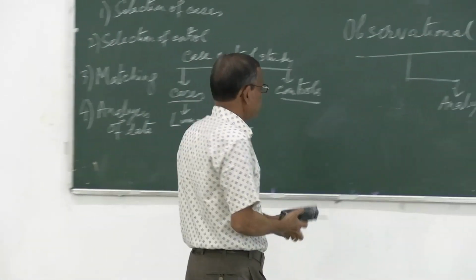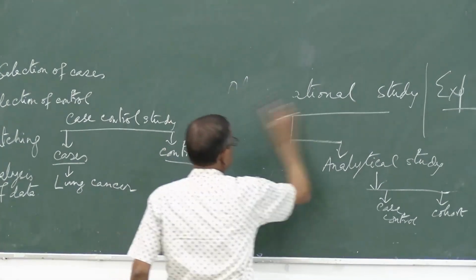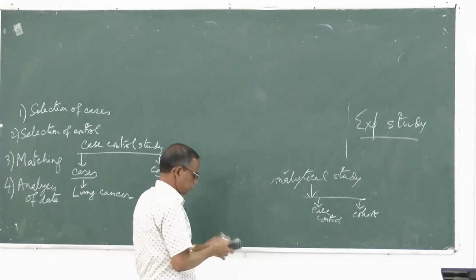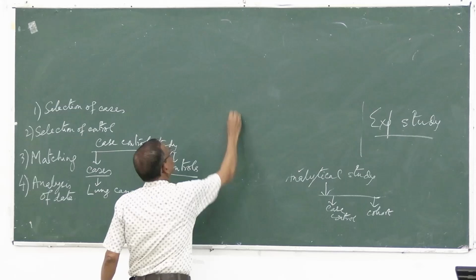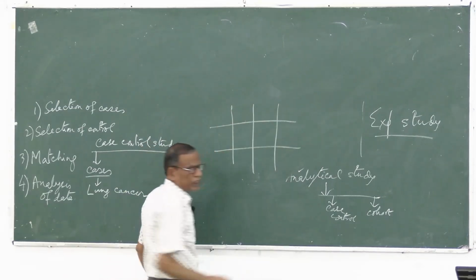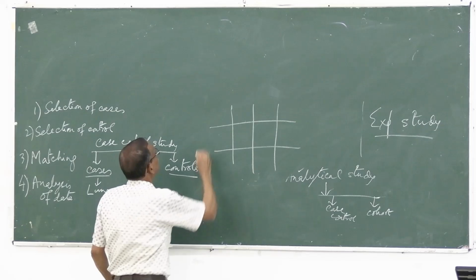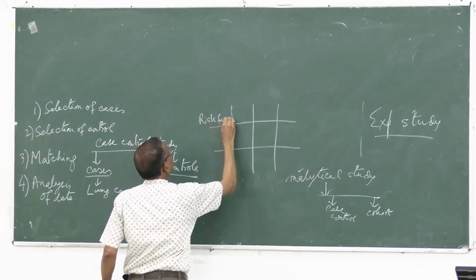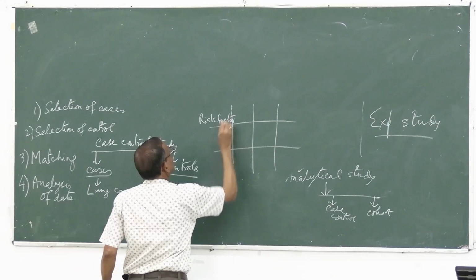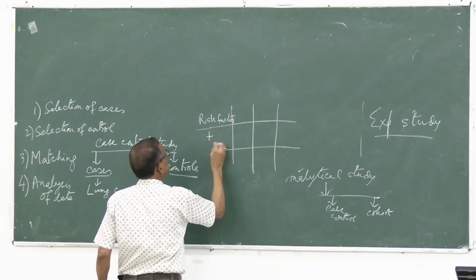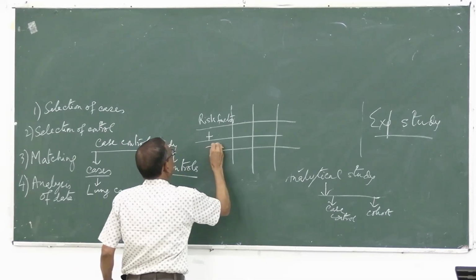Analysis of data. You have to frame 2 by 2 contingency table. Risk factor present, risk factor absent.